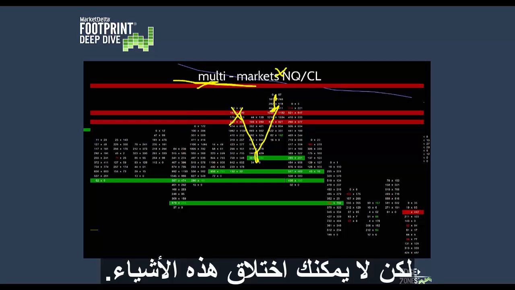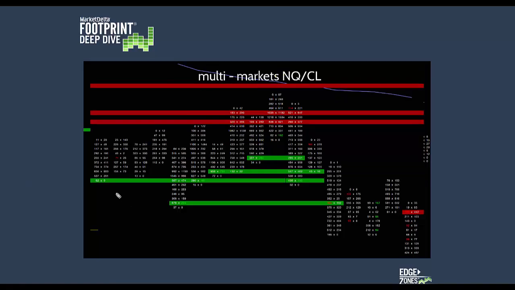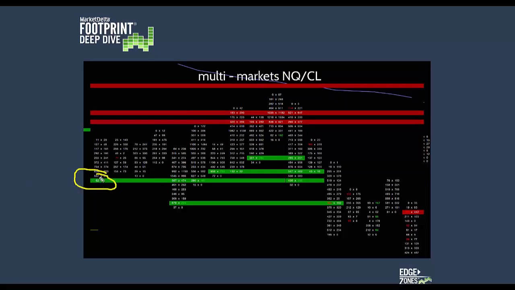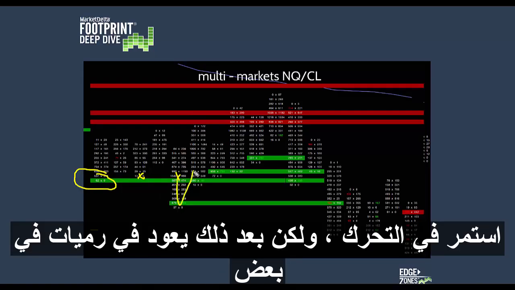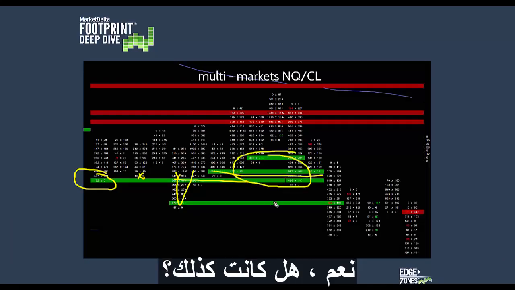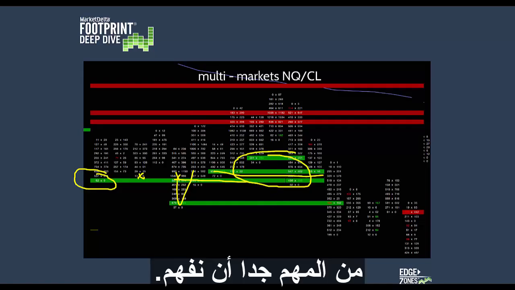But you can't make this stuff up. You've got support that was put in here, and it works. They start to move through, but then it comes back in, throws in some more green. Is this area going to be supported till it's not? Yes. Was it? Yes. Very important to understand.